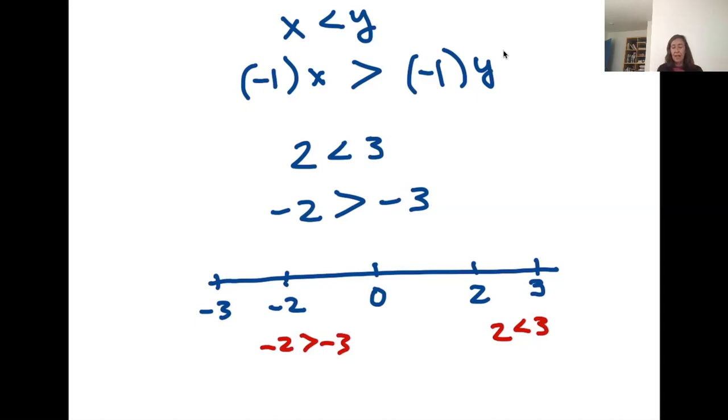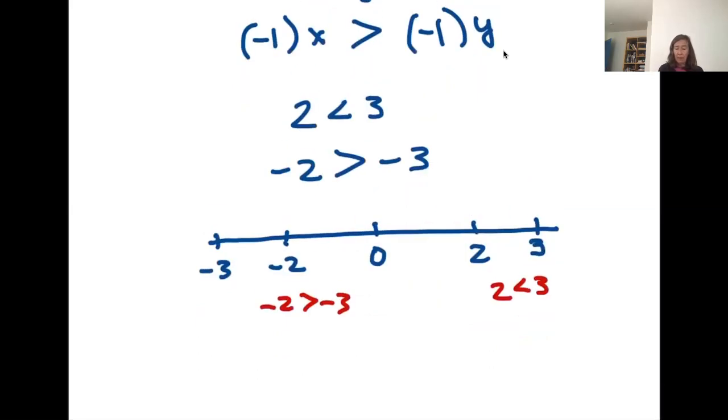But in saying that -2 is greater than -3, all I'm saying is that -2 is farther to the right on the number line. That's what being greater than means. And being less than means being to the left on the number line. Okay. And you can, I think, pretty easily see that we could pick any numbers we wanted here. We could pick any x, any y.